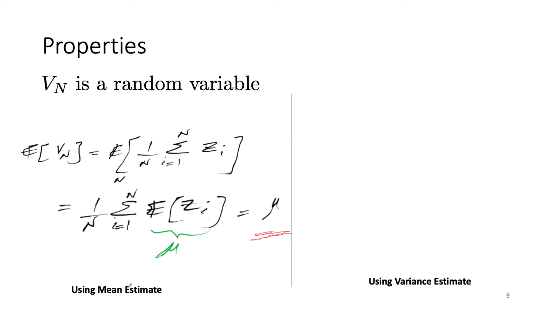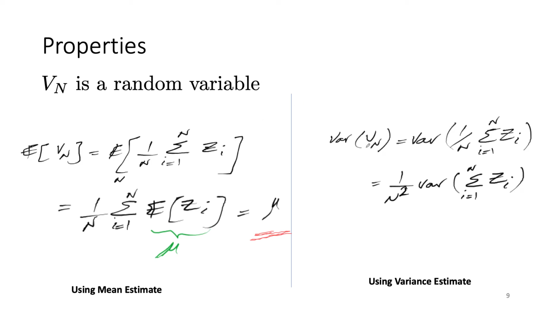There's another school of thought, where you can estimate this not with the mean but just with variance when we are dealing with a random variable. So the variance of the random variable V of n is going to be the summation of all divided by n. Another way to compute that is 1 over n squared times the variance of the summation of all Z from 1 to n.